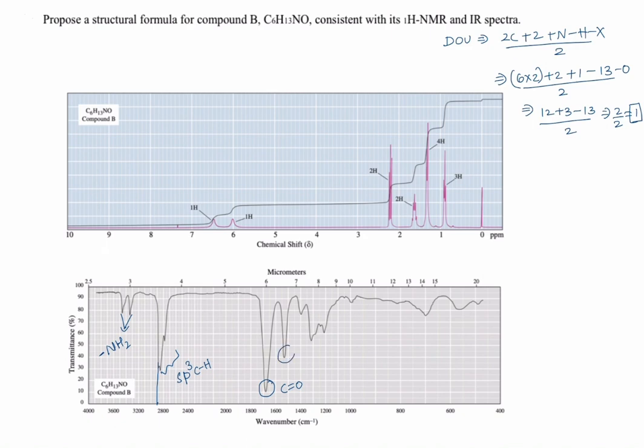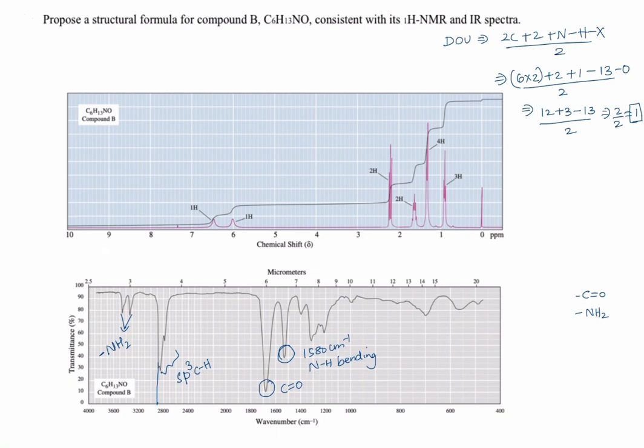And around 1580 we have the NH bending vibrations. So from here we can clearly see that there is a carbonyl group and also an NH2 group. These are the two functional groups present in the molecule.